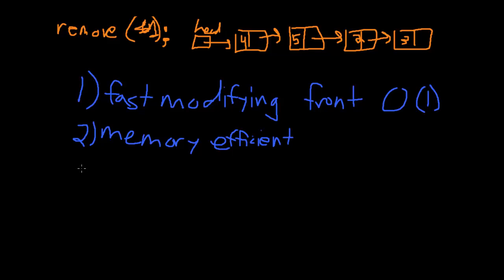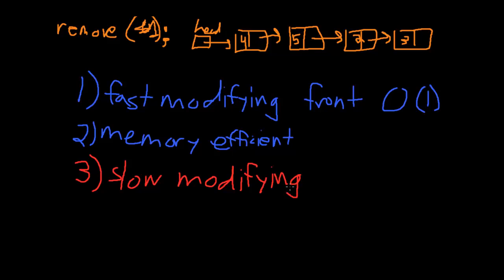Then I'll make this one red. 3. Slow modifying end. So this is a negative aspect of a linked list.